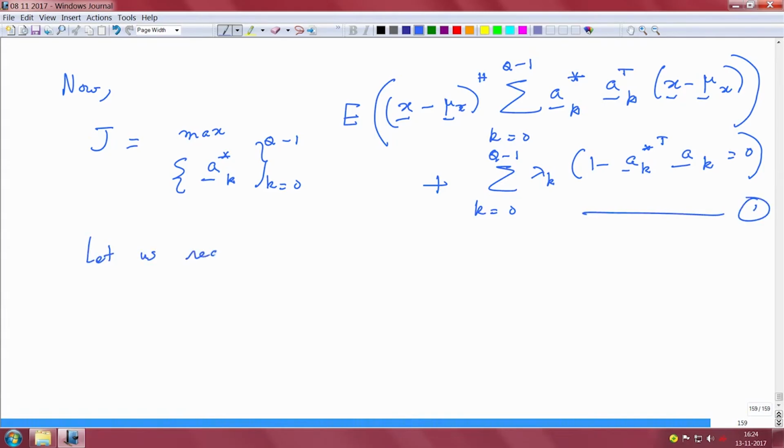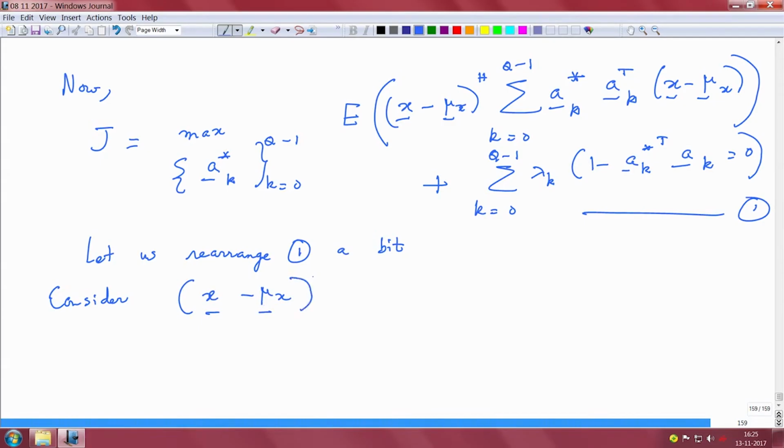Let us rearrange 1 a bit. To rearrange this, we need to consider x minus mu x, because the ugly term is the one in this expectation.